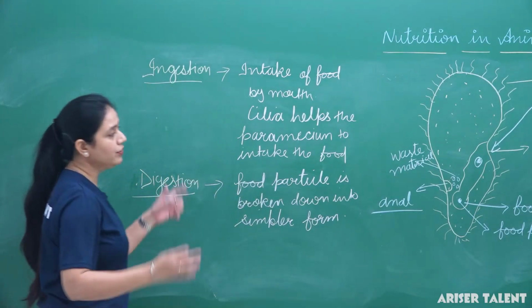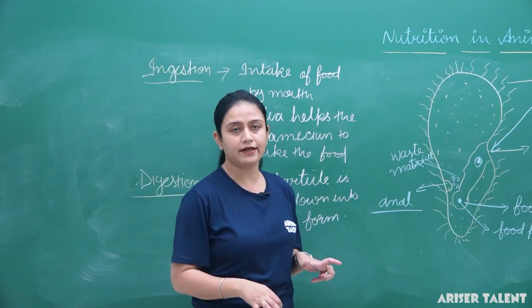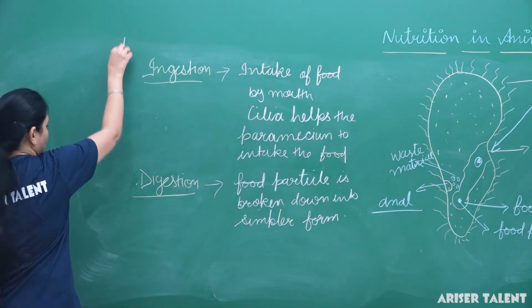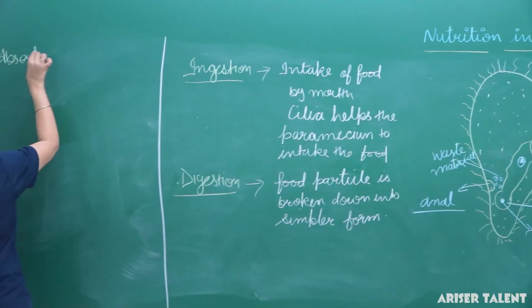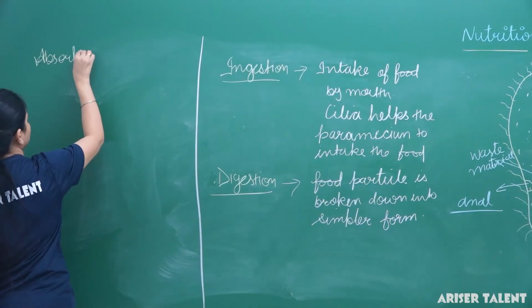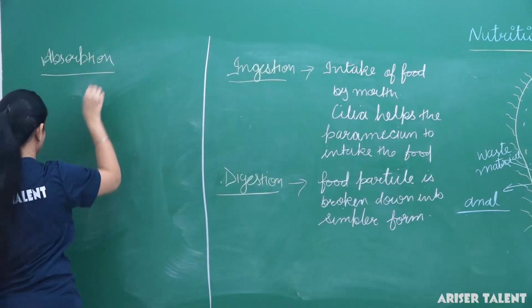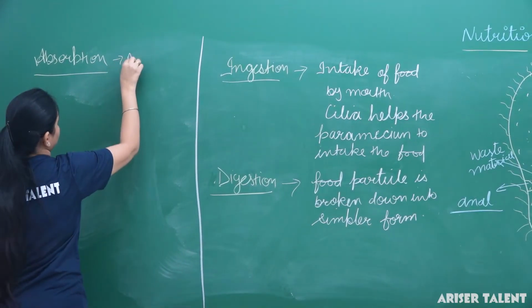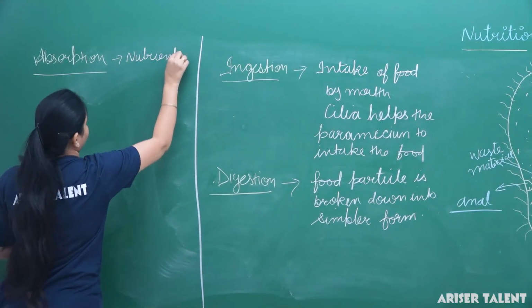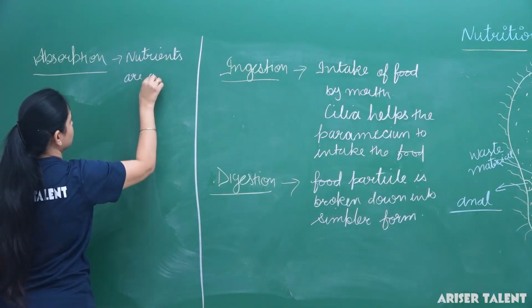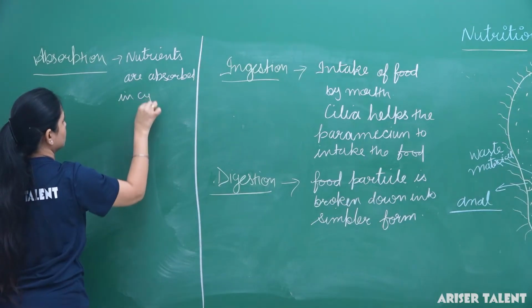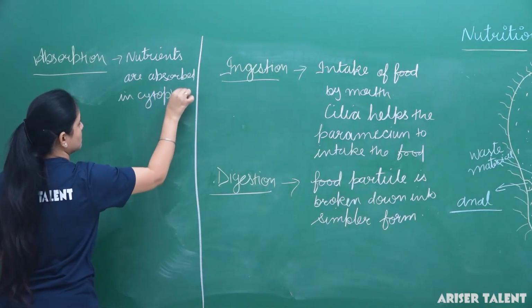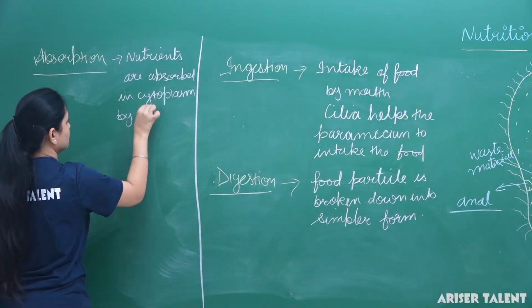After the digestion, useful nutrients are absorbed inside the body. Next process is absorption. Processes are the same as amoeba, but the mode is different, as I told you. Nutrients are absorbed in the cytoplasm by diffusion.